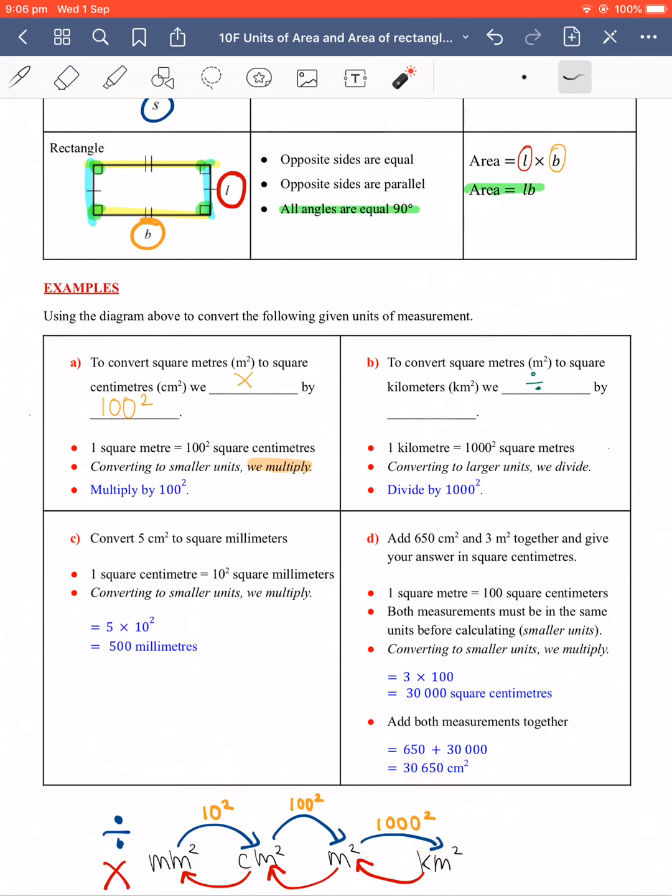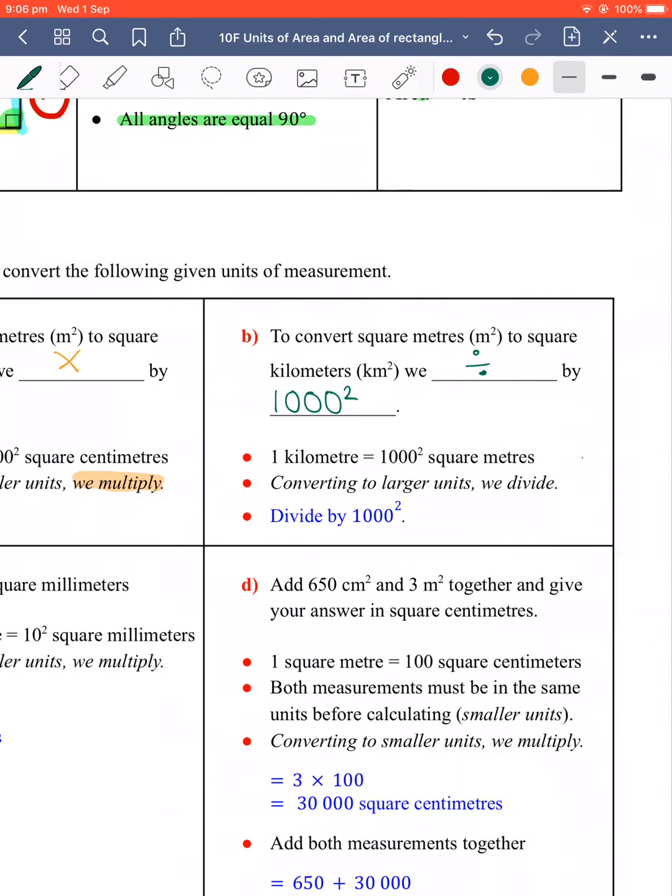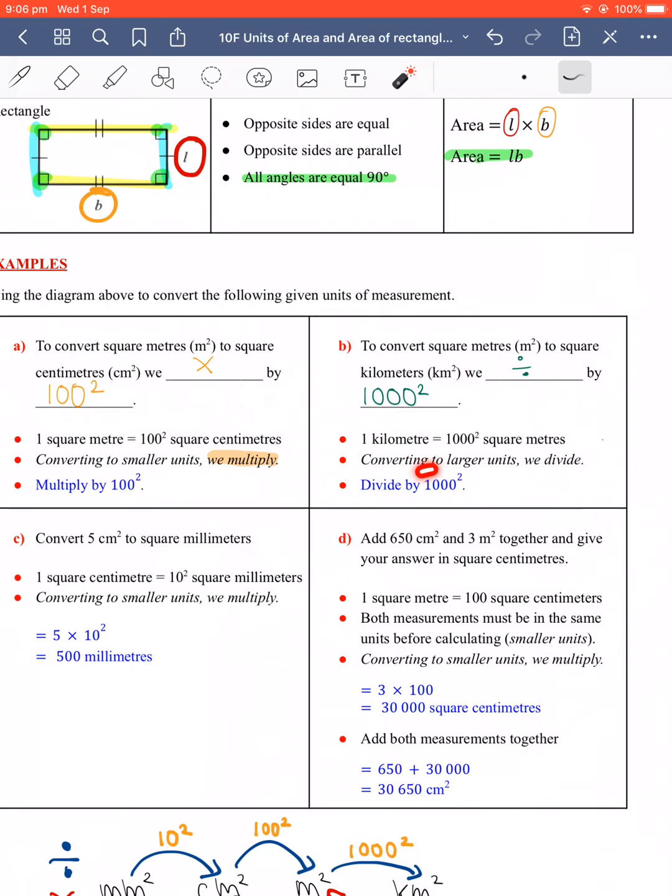Okay, so we're going from a smaller unit to a much larger one, so we will have to actually divide. And this again is 1000 squared. And the way I know that is I actually have 1 kilometer is the same as 1000 square meters. So again, if I am converting to larger units, I am going to divide. So let's just highlight that so you can see it each time.